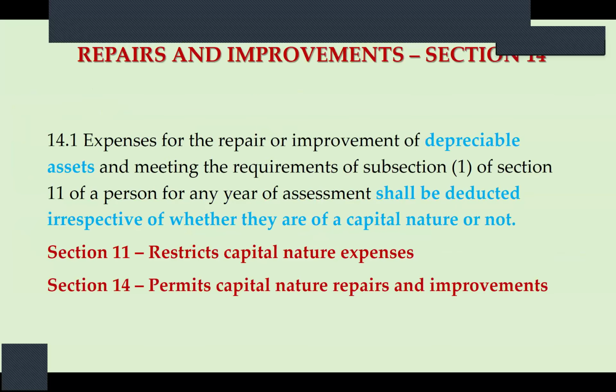Okay, now we can move to the repair and improvement deduction. It is the next deduction rule. That rule is applicable for repairs and improvements, that is under section 14.